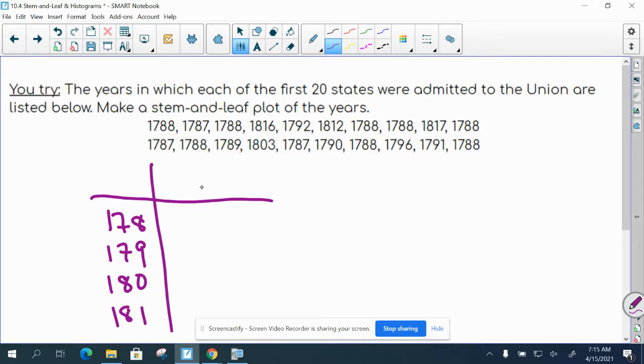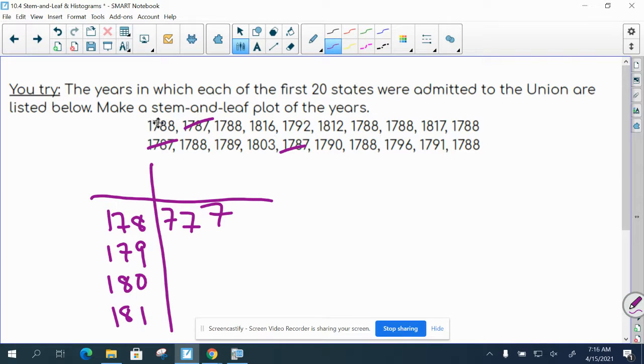But for 1780, we've got 7, 7, and then I'm looking for other 1787s. I don't see them, so we've just got, I think there's one, supposed to be one more. Here it is, 1787.